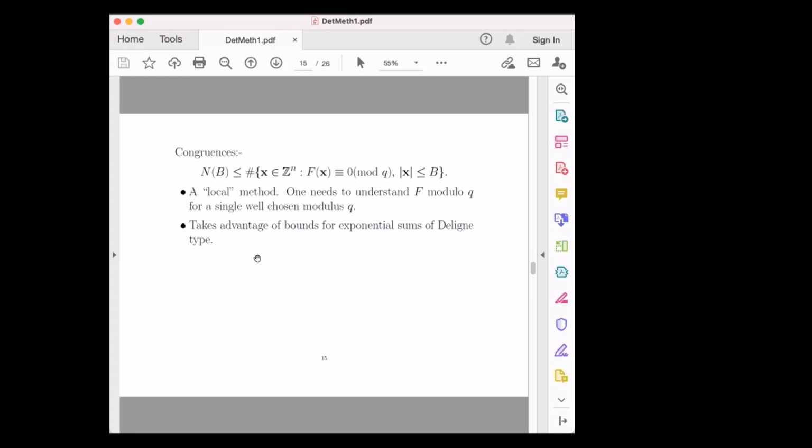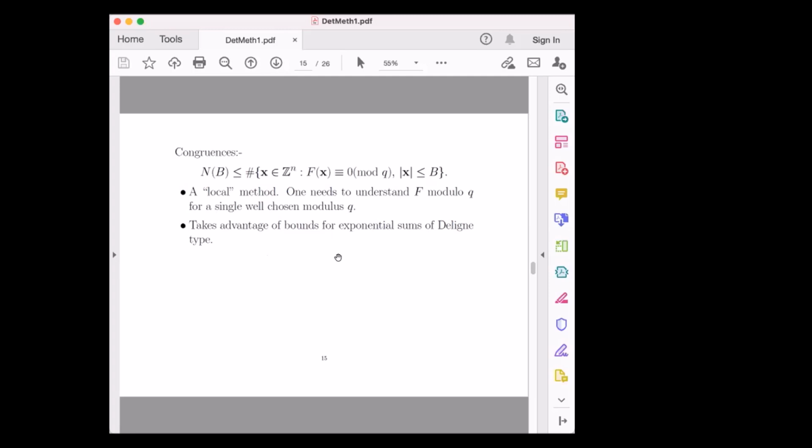One very simple method is just to use congruences. So the counting function N_B will clearly be at most the number of integer solutions of f(x) congruent to 0 modulo q inside a box of size B. So this is clearly a local method. One needs to understand f modulo q for a single well-chosen modulus q.